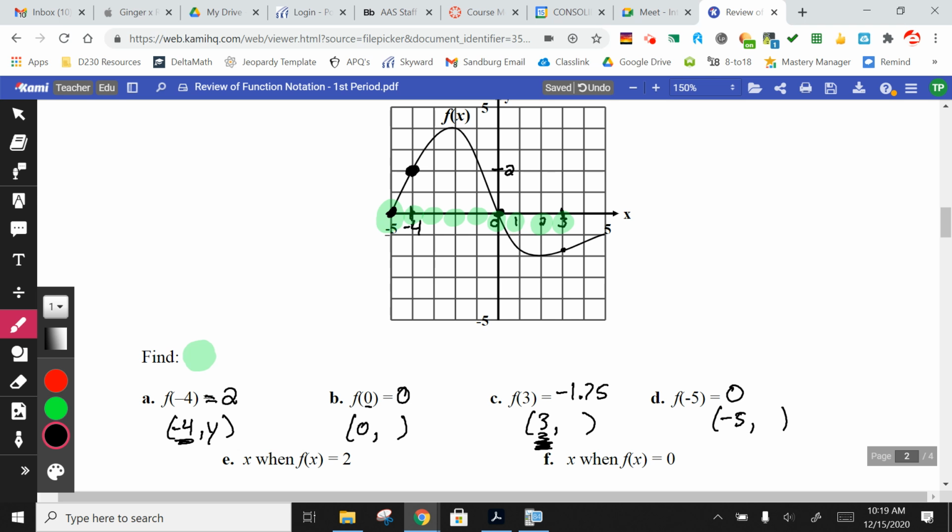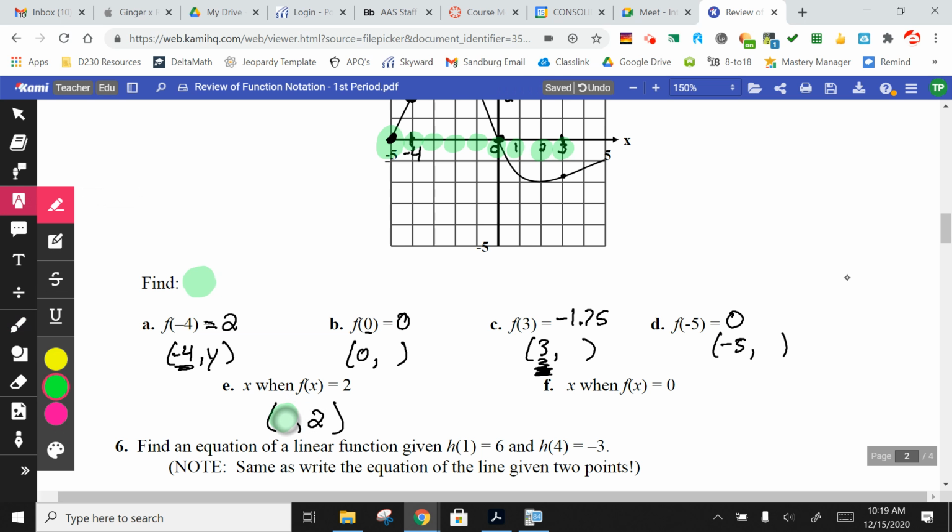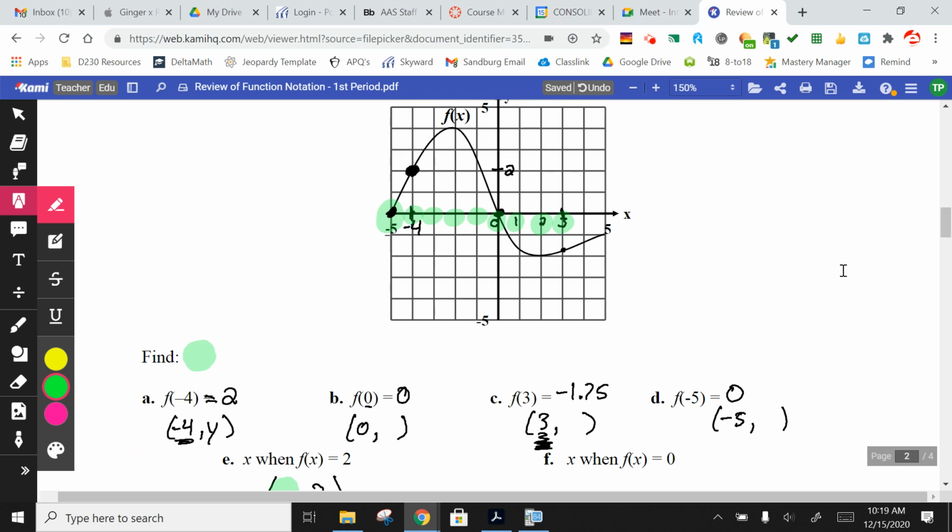E is now the opposite. Now we want to figure out, let's write this point underneath it. So what this is now saying, if we understand function notation, now I'm giving you the y coordinate is 2. And you now need to figure out what's the x coordinate when the y coordinate is a 2. So we want to go up to our graph. I actually have 2 already written, right? So here's 2.